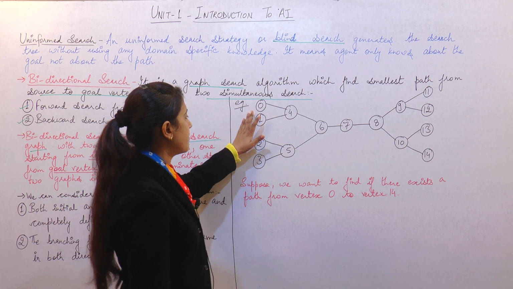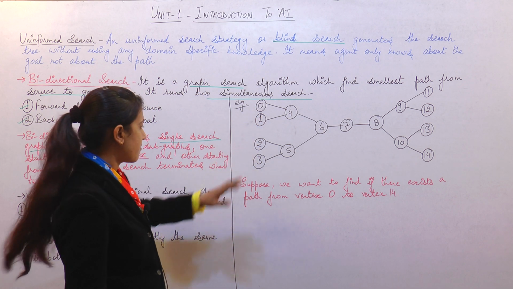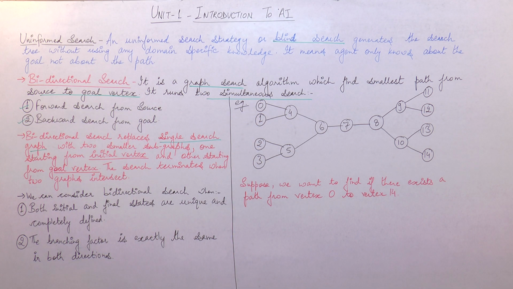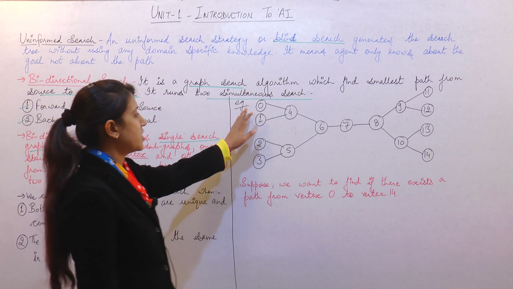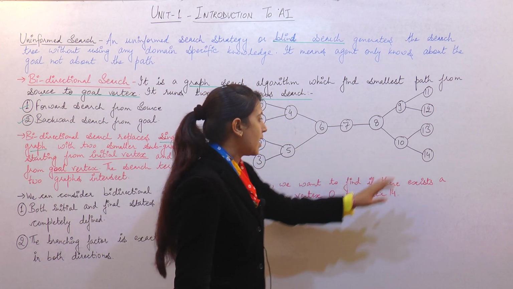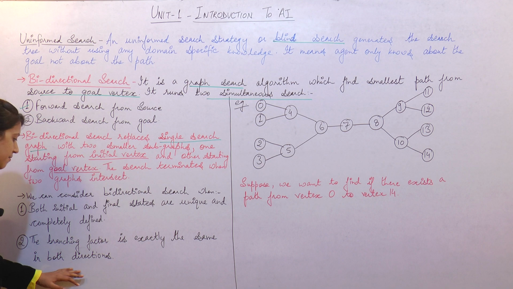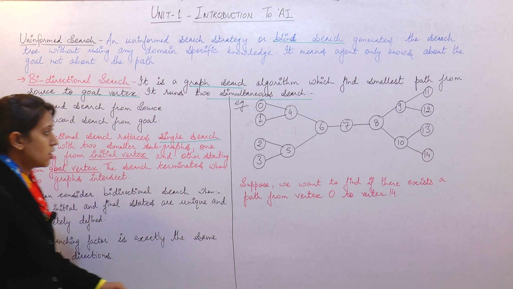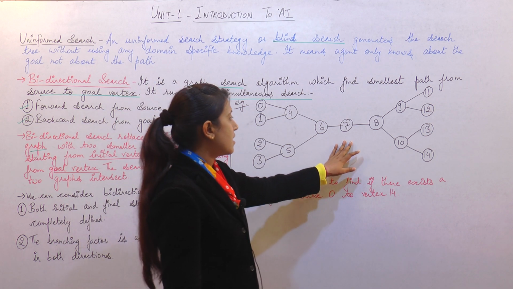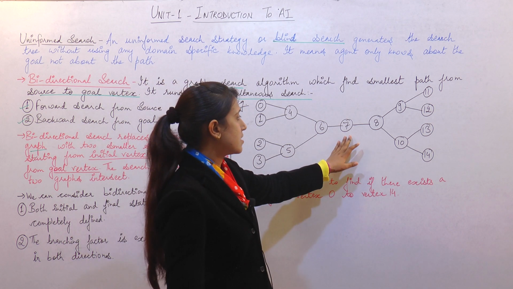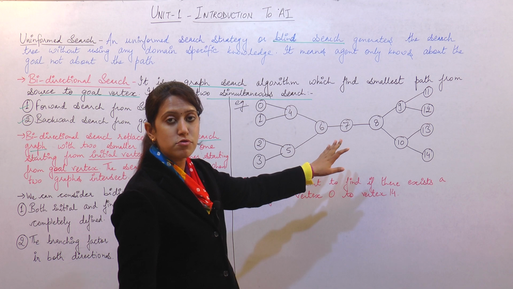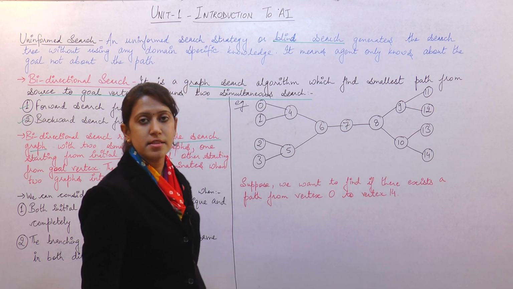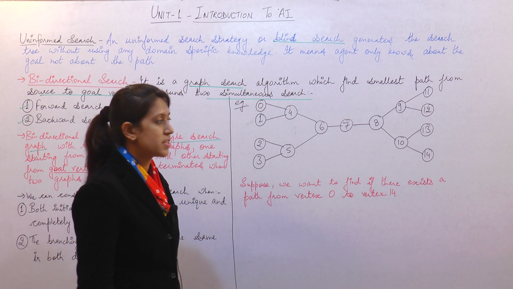So we have uniquely and completely defined initial and final states, and the second factor is that the branching factor is exactly the same in both directions. So we will see that if we divide this whole graph into two subgraphs, we will see the branching factor on both sides.